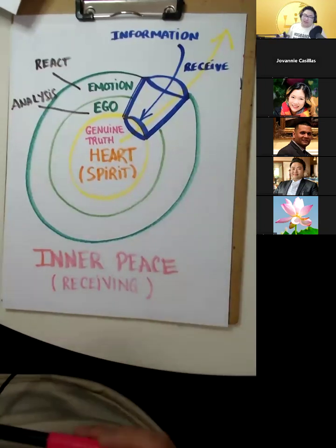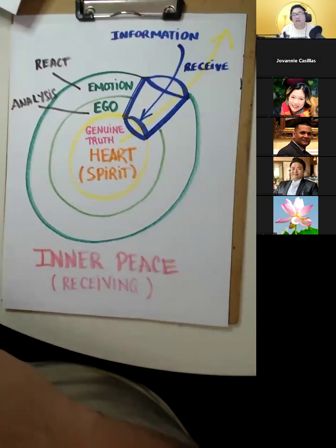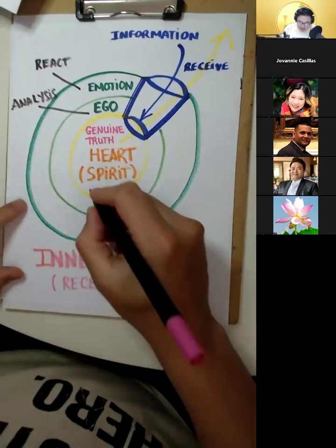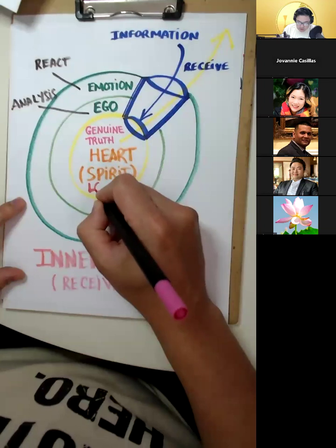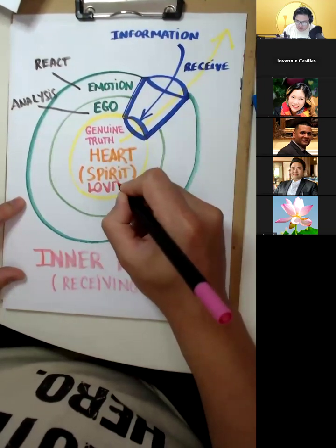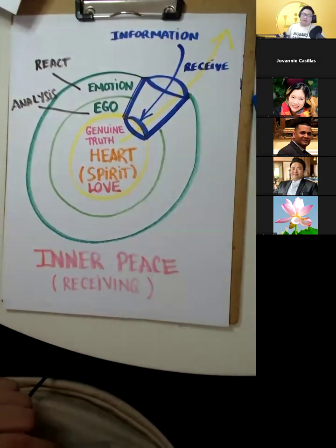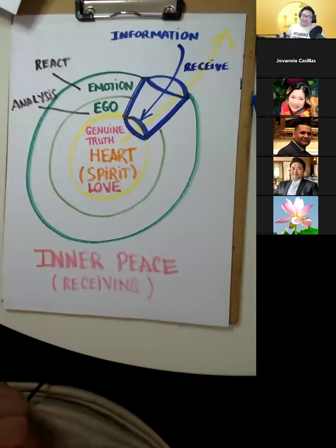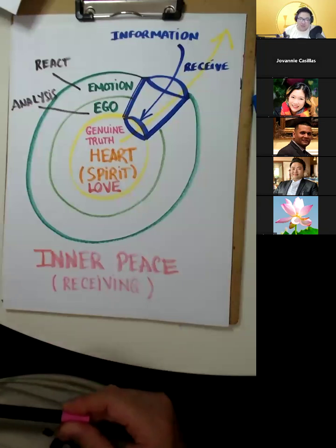the genuine truth has different names. We can call it the spirit. We can call it the heart. One thing that I can tell you is that once you get closer to it, once you own it, you will feel this love, this incredible energy of never-ending love, because you truly understand how these words go, and it is absolutely beautiful.